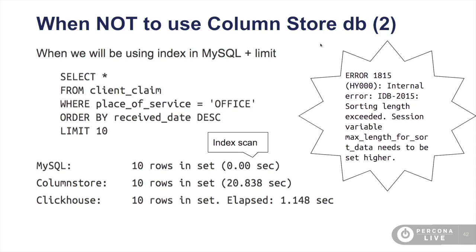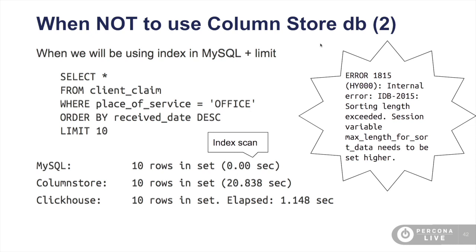In MySQL, it can be optimized by creating a covered index or combined index. So we can create an index on place of service, receive date in this order. What will happen is that MySQL will start scanning the index because the receive date is indexed. It will be able to read it in the specific order, and it will stop, abort, after finding 10 rows. So in MySQL, it's an index scan, it's 0 seconds.